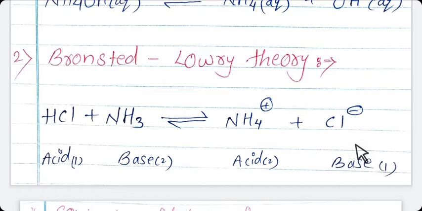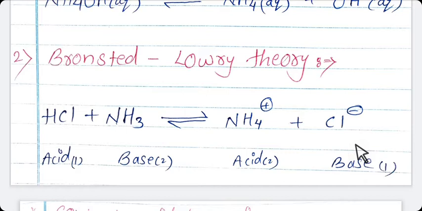So according to this theory, an acid is a substance that donates a proton, meaning H plus, to another substance, and a base is a substance that accepts a proton, H plus, from another substance, which is clear from this reaction.